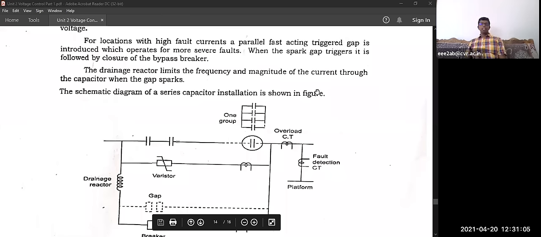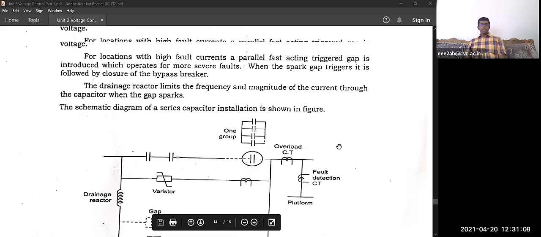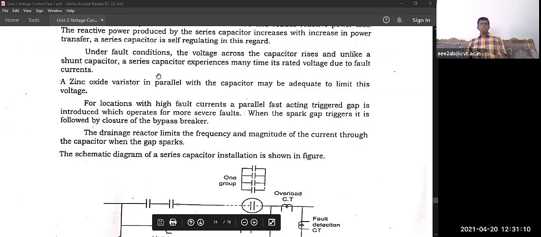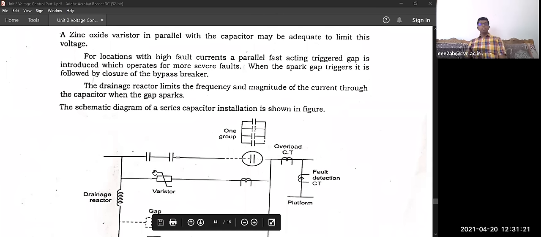In that scenario, they will install a zinc oxide varistor connected in parallel with the capacitor, which may be adequate to limit the voltage. So here the zinc oxide varistor is connected in parallel to the capacitor so that it limits the voltage.